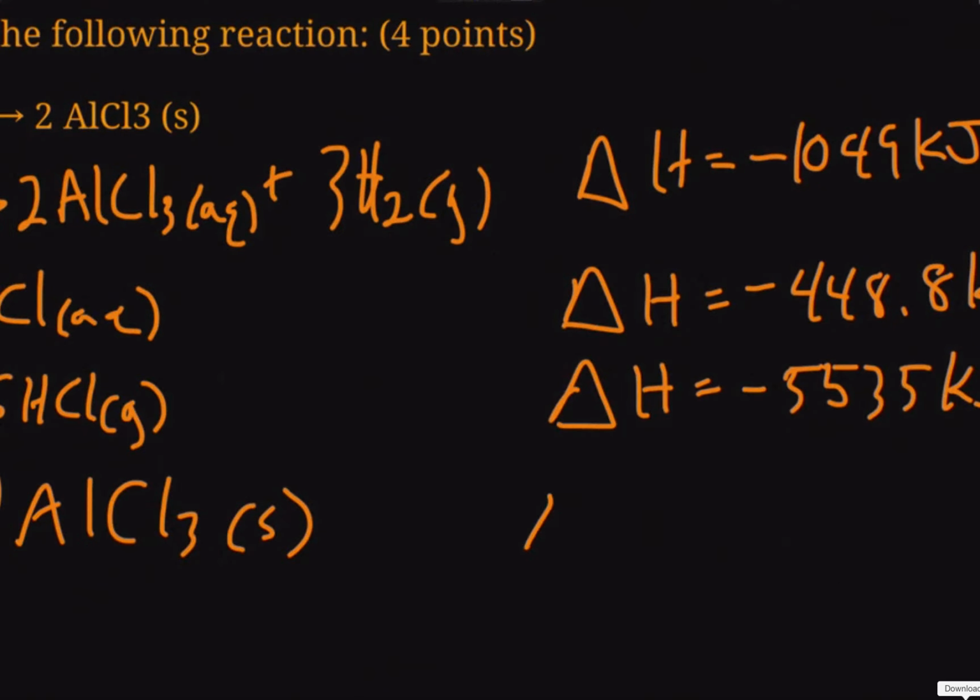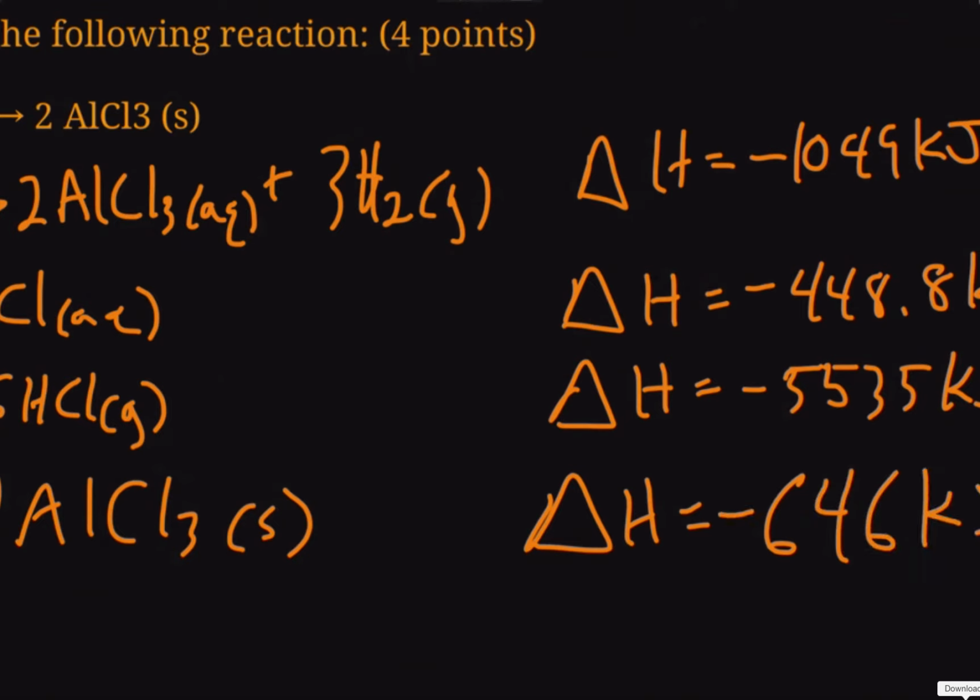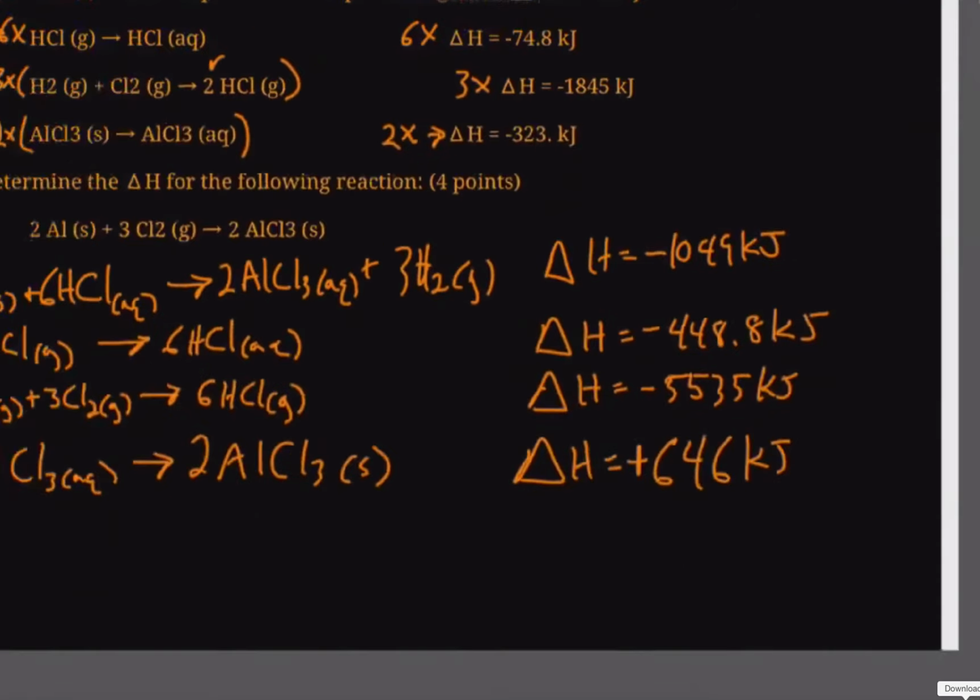And then when I multiply the heat of the reaction by 2, I get 646. It started out as a negative, but since I flipped the reaction around, it becomes a positive 646 kilojoules.